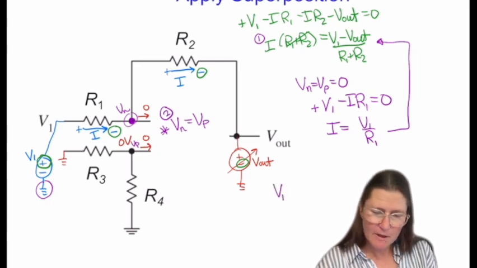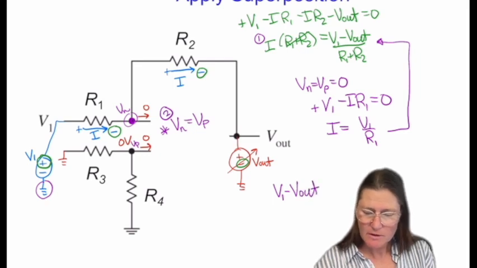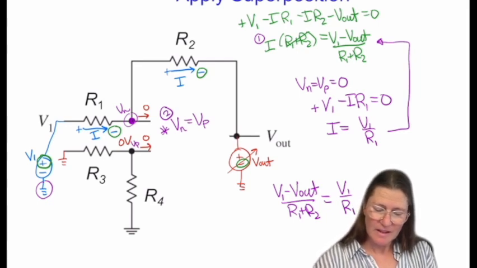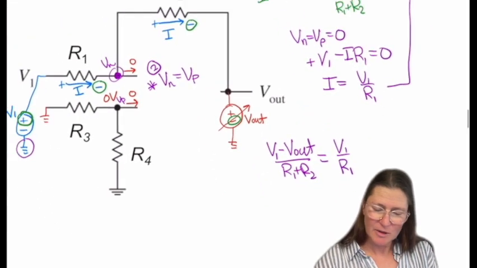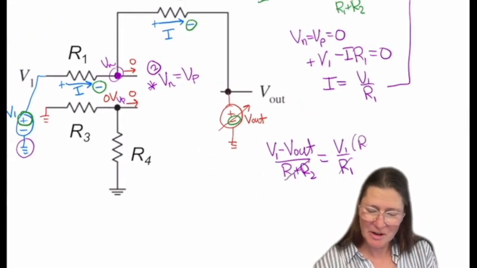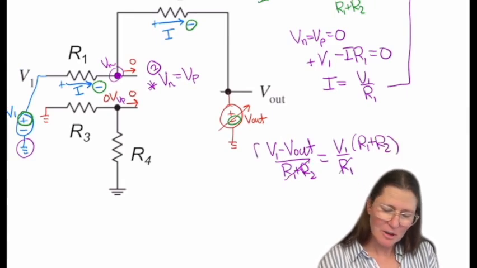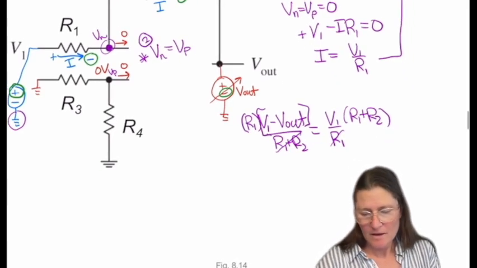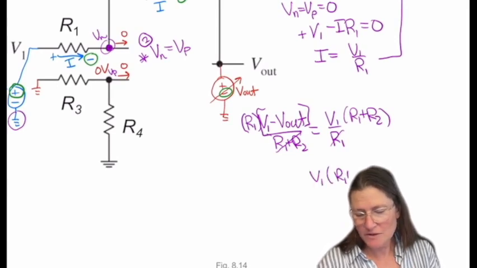And so V1 minus V out over R1 plus R2 is equal to V1 over R1. I'm going to just cross multiply these. So R1 times the whole thing gives me V1 times R1 plus R2.